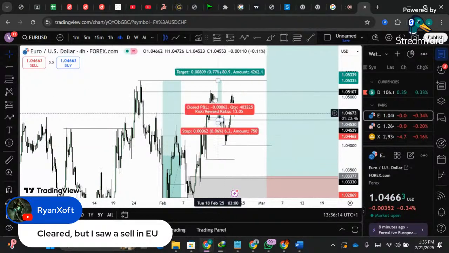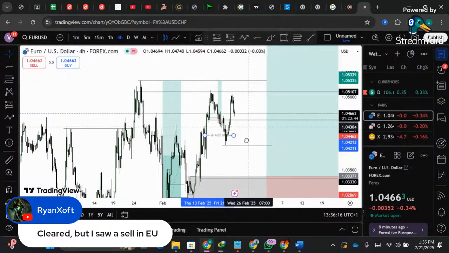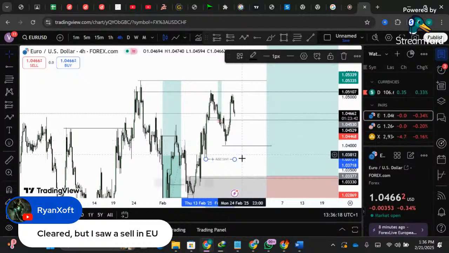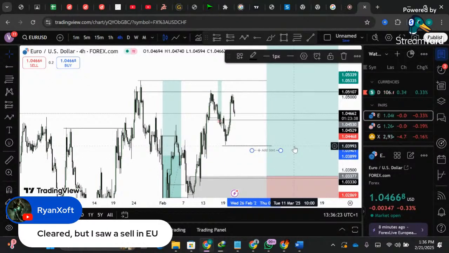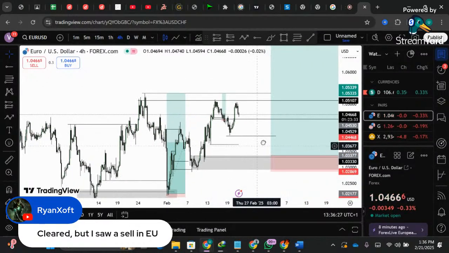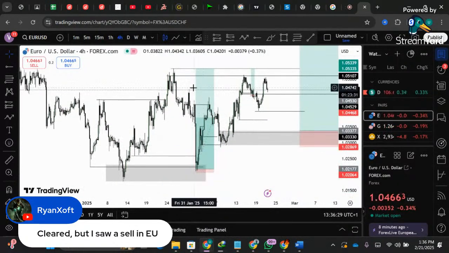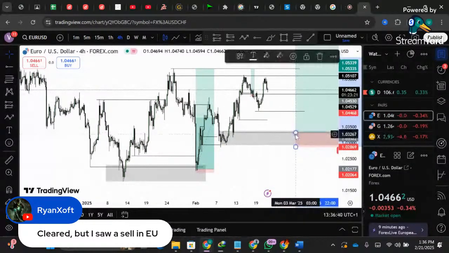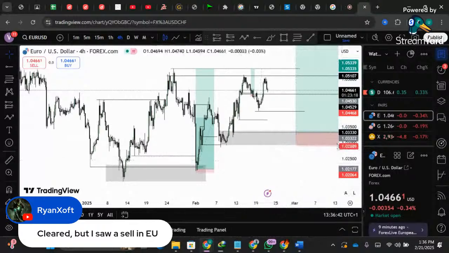Even me, I saw it, but I was more interested in the buy because the buy is in line with the original direction. And all this resistance will not be holding because price is bullish. I don't know if you get what I'm saying, but let's see how this goes. Price might come down, sweep as it is going, and they need to come and buy from somewhere. That's what I am expecting.